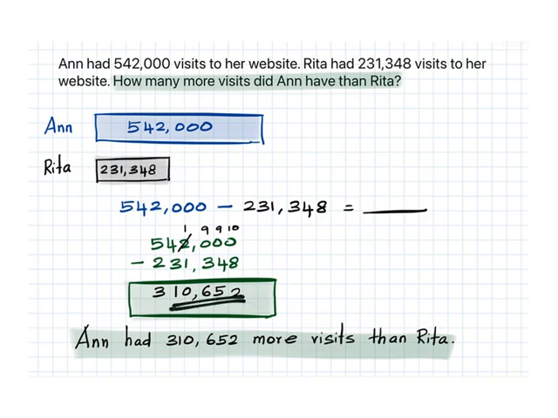And this is the answer. How many more visits did Anne have than Rita? Anne had 310,652 more visits than Rita.